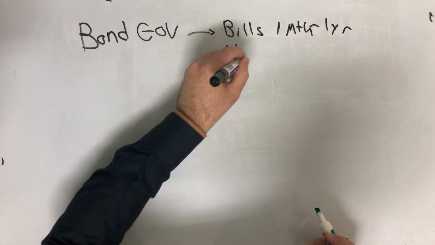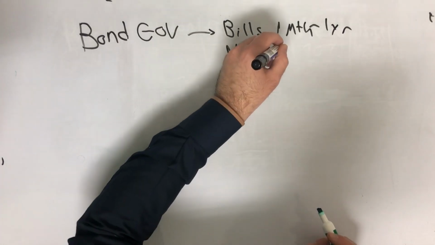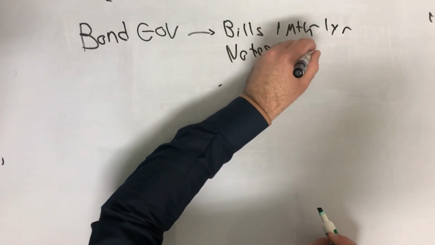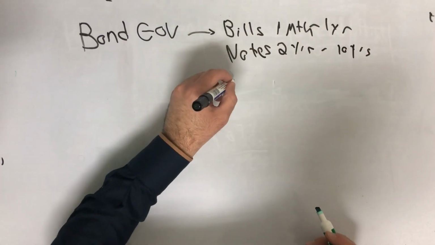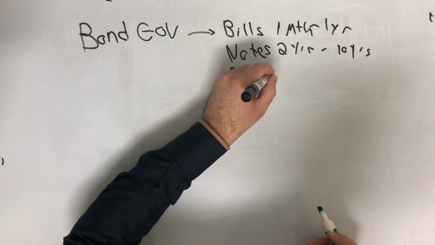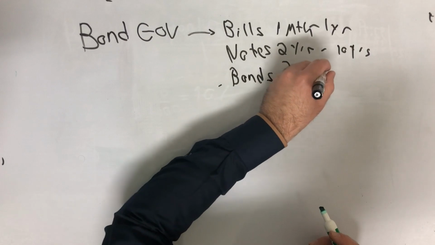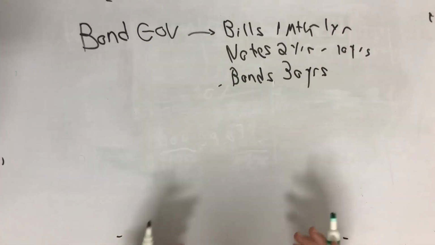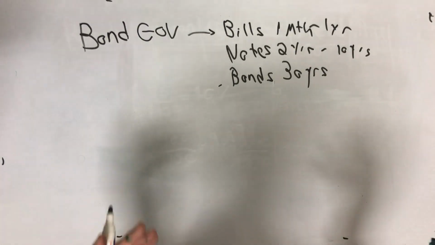We have notes that go from 2 years to 10. And we have bonds that are 30 years.